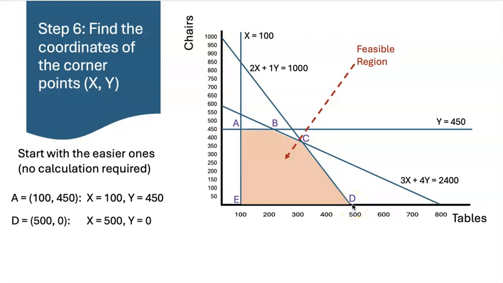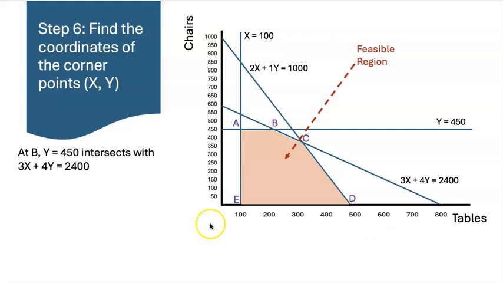So for D, x is 500, y is 0. And for E, also on the x-axis, x is 100 and y is 0. So for these three, we didn't need to do any calculations. I could just write them down. The next easiest one is B, because we know one coordinate, we just need to solve for the other. And don't try to just estimate them based on the axes. Actually solve for them.